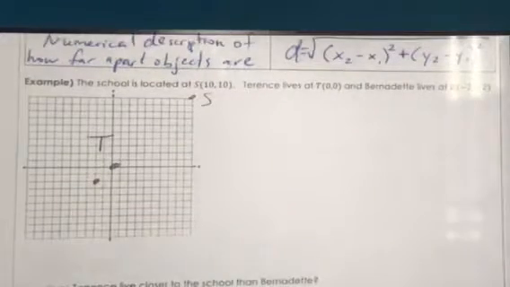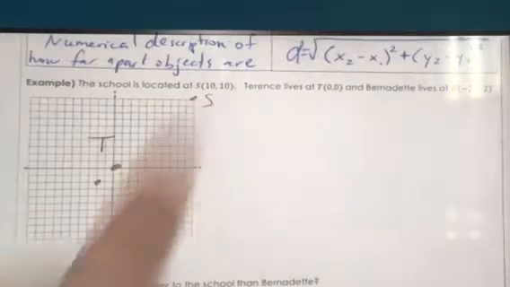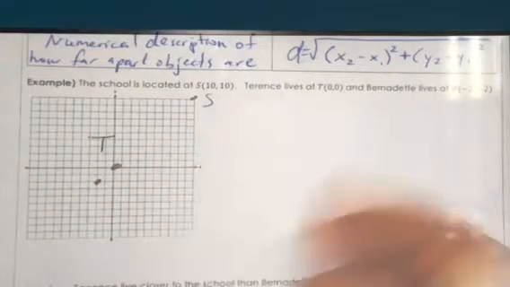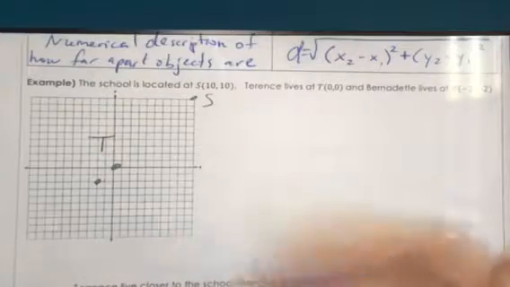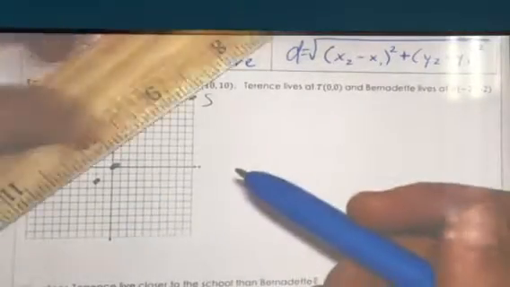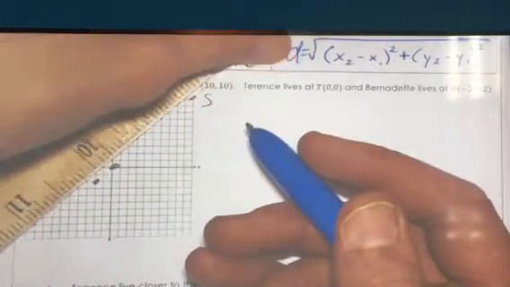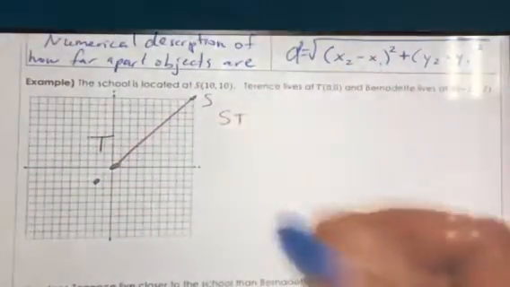Okay, now the question: why does Terrence live closer to the school than Bernadette? Okay, so we're going to try to find the distance TS. Sorry, we'll call it ST, school to Terrence.